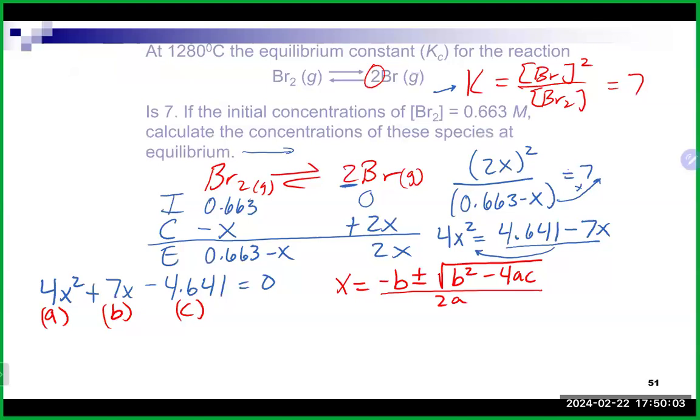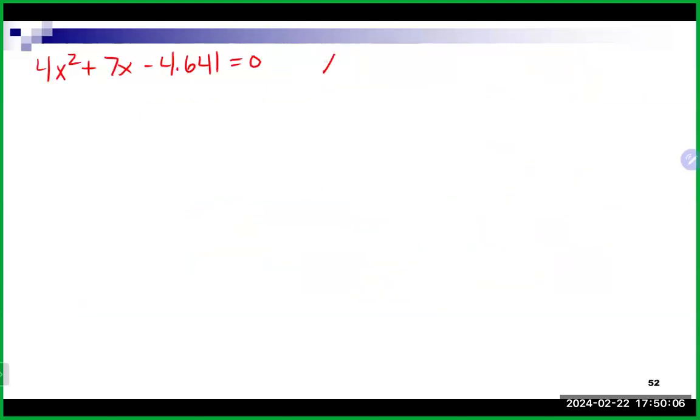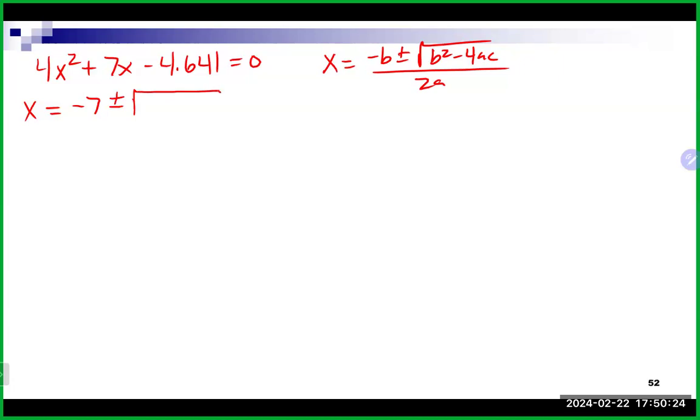Right. All right, so going into my x is equal to minus b plus or minus the square root of b squared minus 4ac, over 2a. Putting our numbers in here gets us x is equal to minus 7 plus or minus. Now, if you clean up inside the square root, you're going to take b squared, which is 7 squared, minus 4 times a, which is 4, times c, which is negative 4.641.